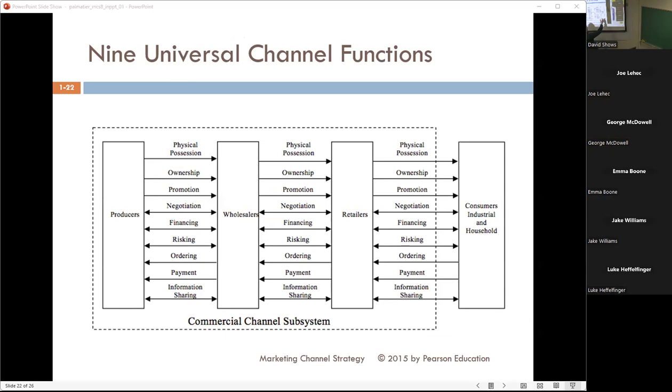These are the manufacturers or the producers at the beginning. These are 2 of the intermediaries in the middle, the wholesalers and retailers. And then ultimately, here is our consumer, and our consumer is part of our channel structure because consumers perform channel functions, all right? So we'll talk about them briefly.